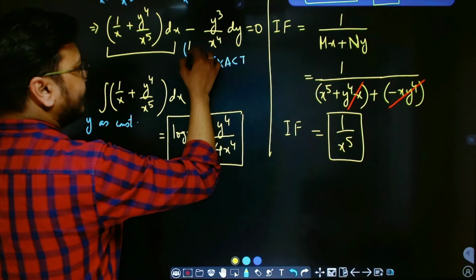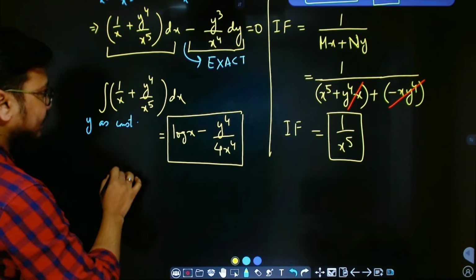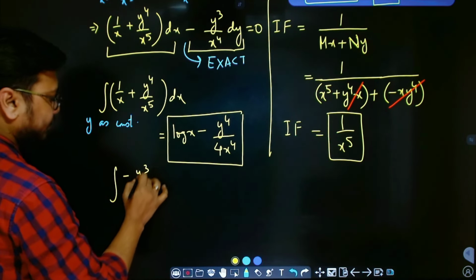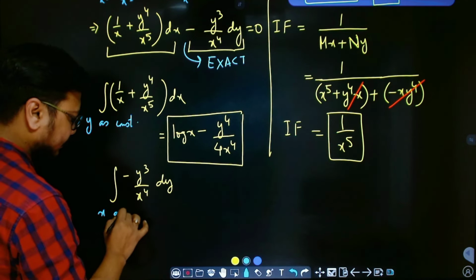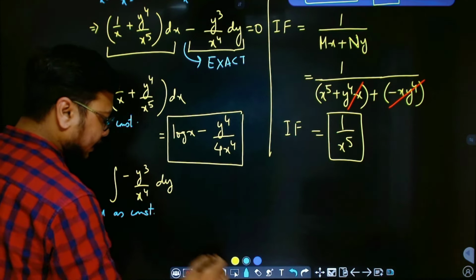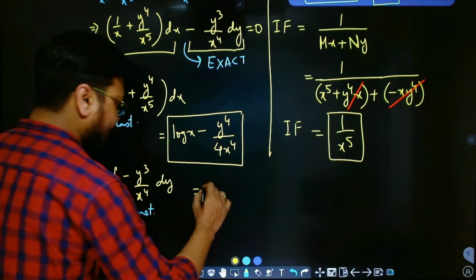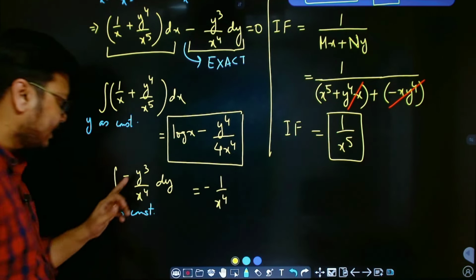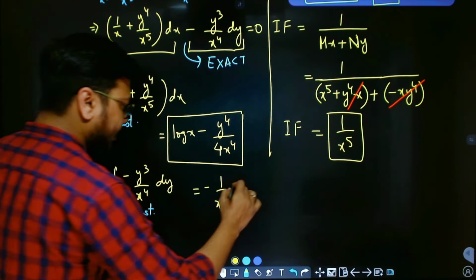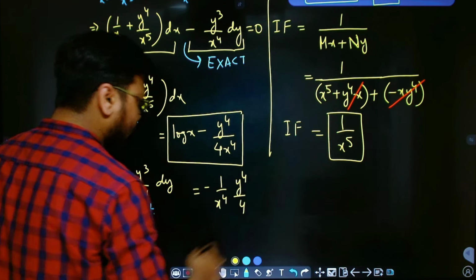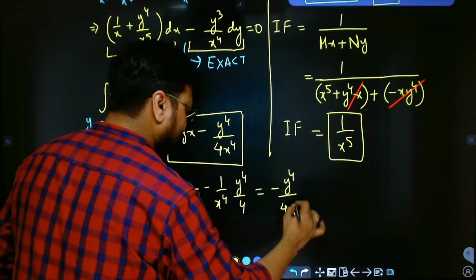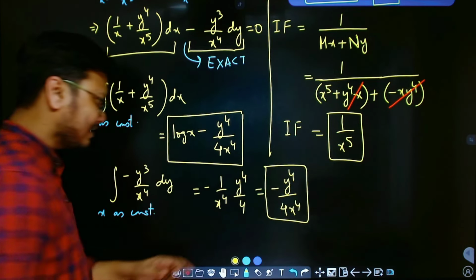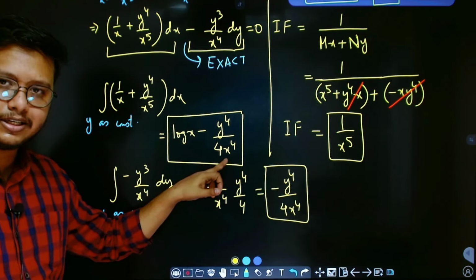Going on to the second integration, that would be the integration of minus y cube by x to the power 4 dy, treating x as constant. This would be minus 1 by x to the power 4 goes outside, integration of y cube, that will be y to the power 4 by 4. So this is basically minus y to the power 4 by 4x to the power 4, which is exactly the same as one of the terms from the first integration.